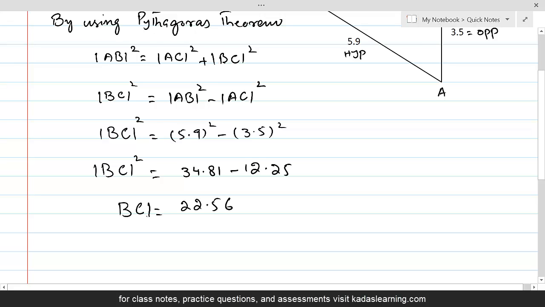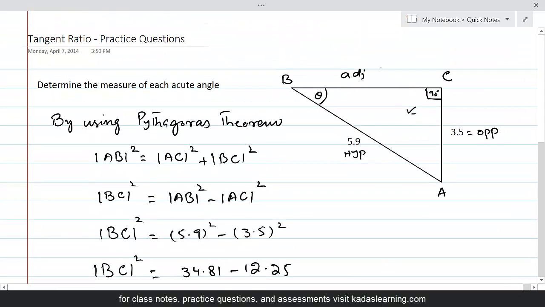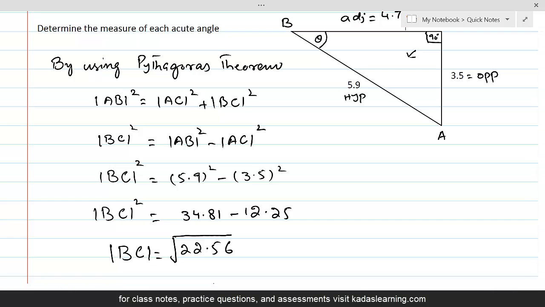If we take the square root on both sides, that will give us the value for BC, which is 4.74. So this is the length of side BC, 4.74.